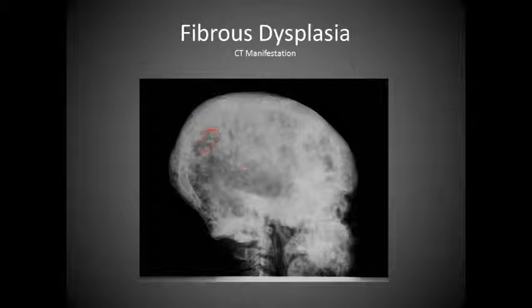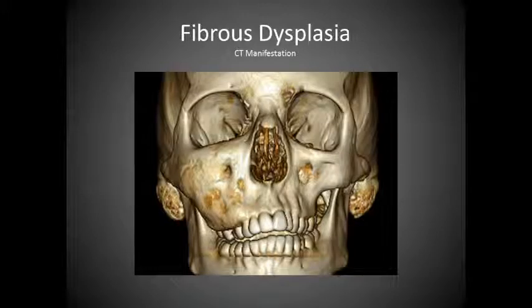Here is a skull that has this on it. And we see that it's pretty much all over. So here is what it looks like in terms of a volume rendering portion of CT.